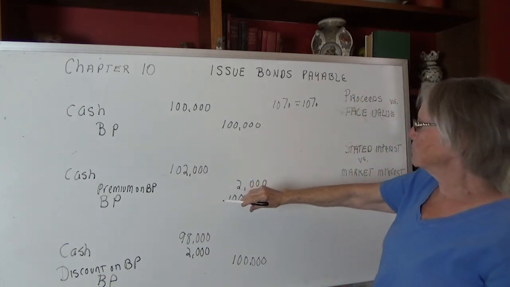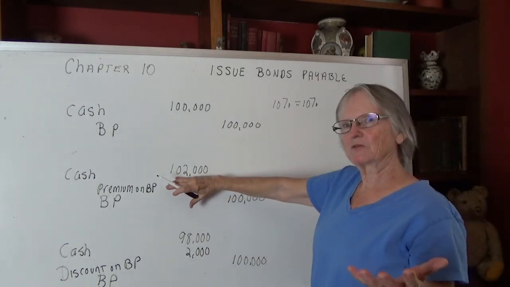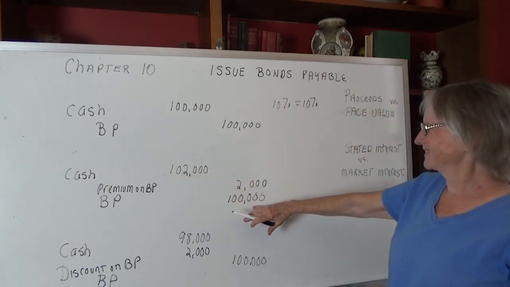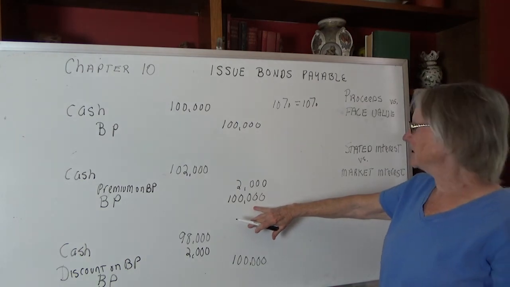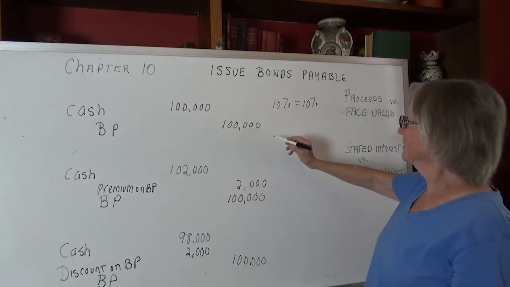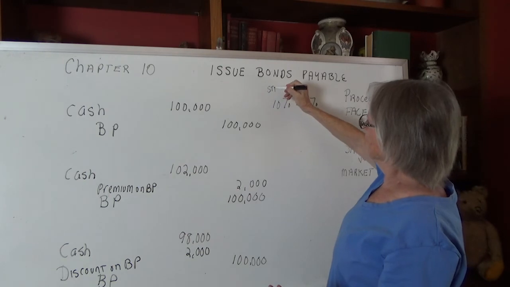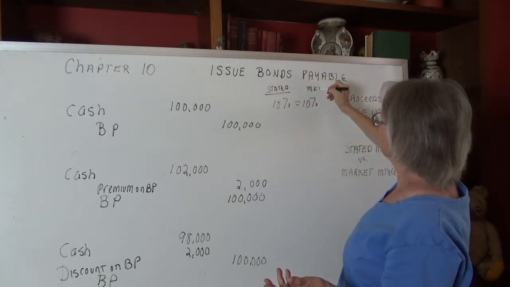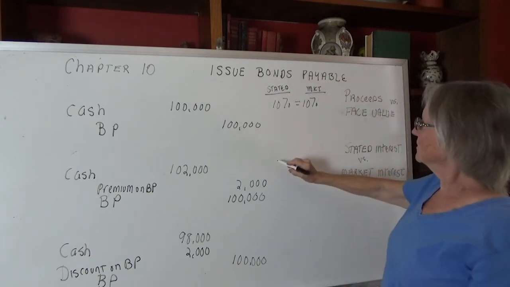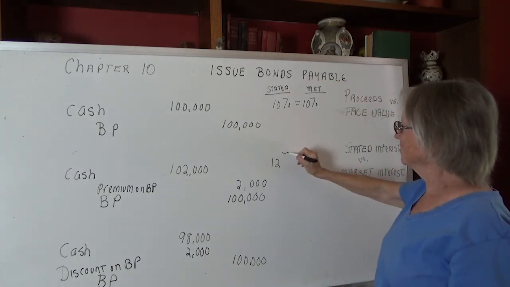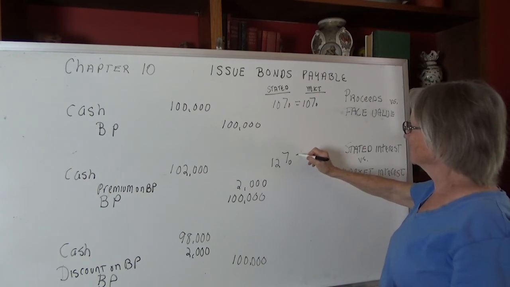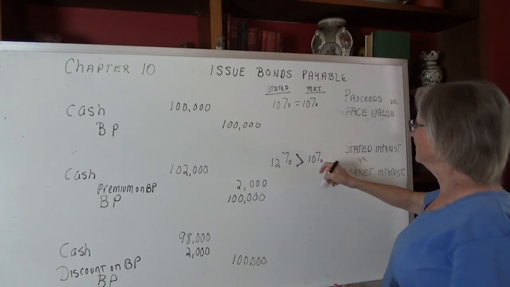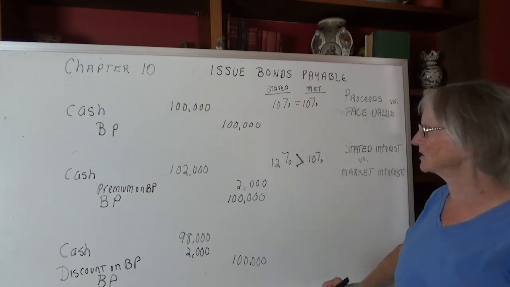Where the proceeds of the bond issue are more than the face value of the bond, chances are that the stated rate, what we're paying on our bonds, is greater than the market rate, say 10%, that they could get buying similar bonds.